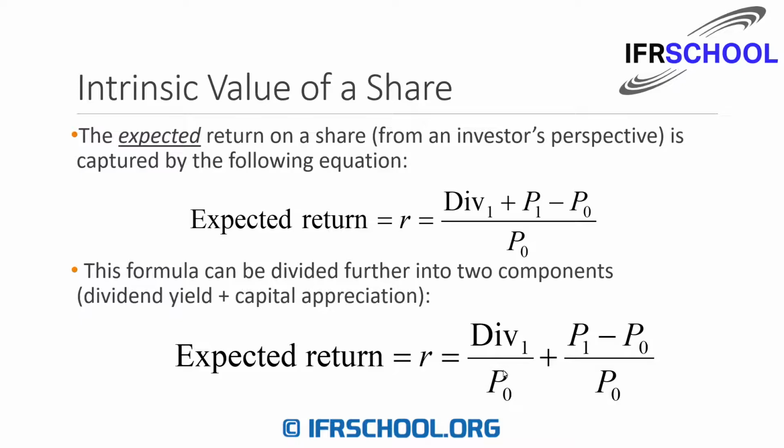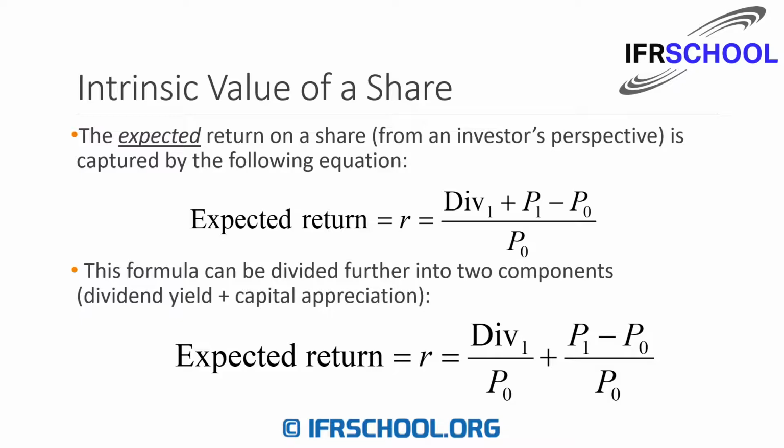Because the denominator is high, the dividend yield and the capital appreciation components will be low, and the overall expected return on the share will be low compared to other securities with similar risk profiles.